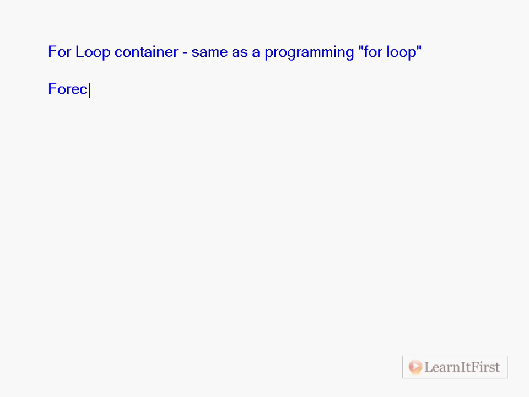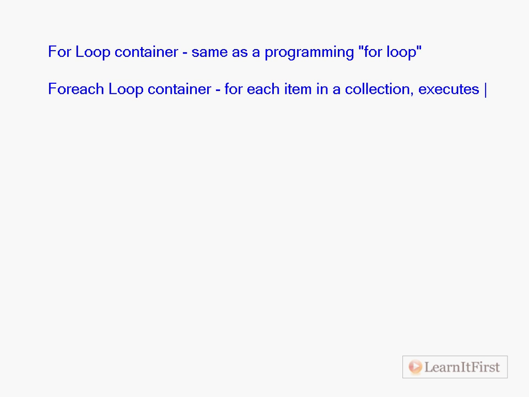Then the for each loop container is also very similar, but it's for each item in a collection executes a set of tasks. Okay, and it could be one task or multiple tasks here.